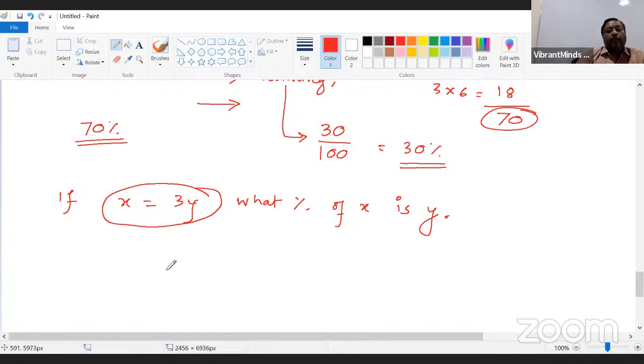What we can write, please? x is equal to 3y. That will be x by 3 is equal to y. And we can write x into 1 by 3 is equal to y.